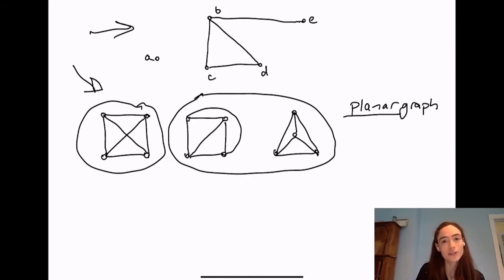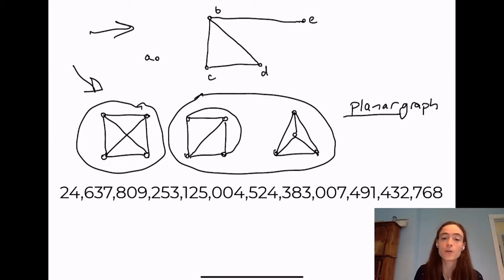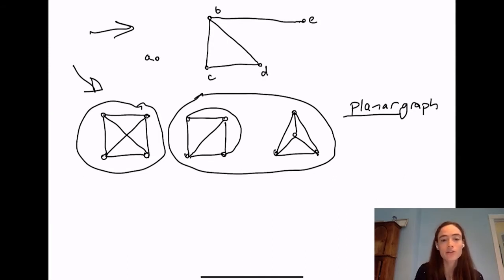Okay, hopefully you made some guess. It's actually more than 2.4 times 10 to the 34th. It's a huge number of graphs. So even though graphs have a simple definition, there's so many possibilities, even for a small number of vertices, that analysis of graphs can get pretty complicated pretty quickly.